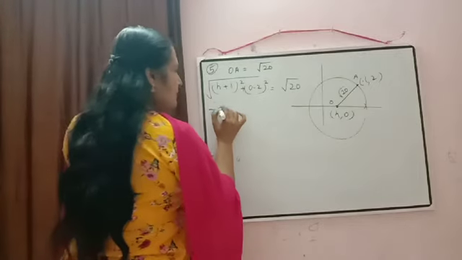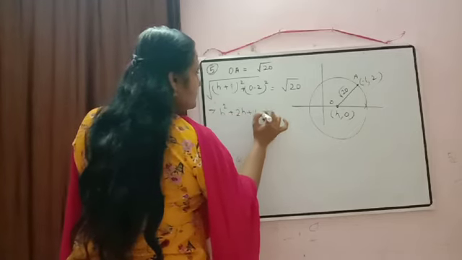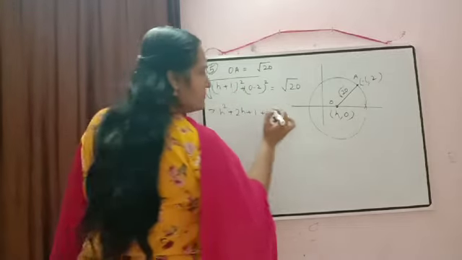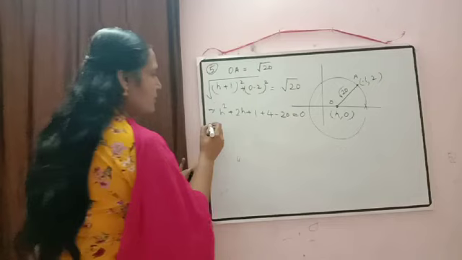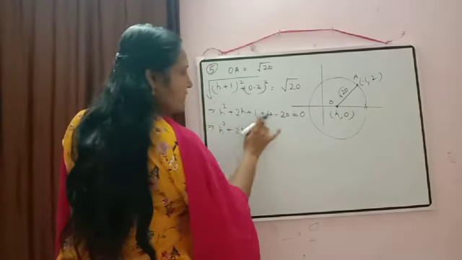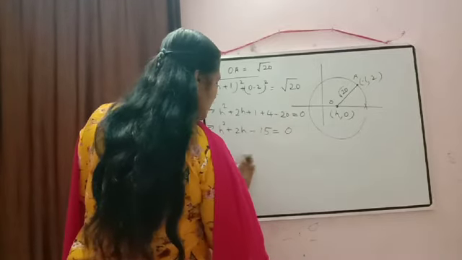So the remaining expression we can expand. Then we will get h square plus 2h plus 1 plus 4 is equal to 20. 20 I am shifting to the left hand side, so minus 20 is equal to 0. Then we will get here h square plus 2h, 1 plus 4, 5, 5 minus 20, minus 15 is equal to 0.